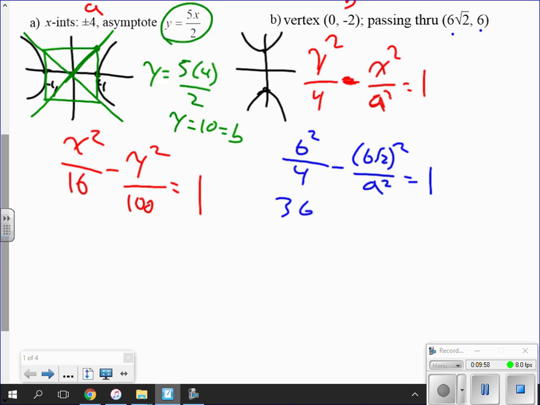So I have 36 over 4 minus 72 over a squared is equal to 1. 6 squared times 2, that's what 6 root 2 squared is. So what is 36 over 4? This is 9. So subtract 9 from both sides. Negative 72 over a squared is equal to negative 8.